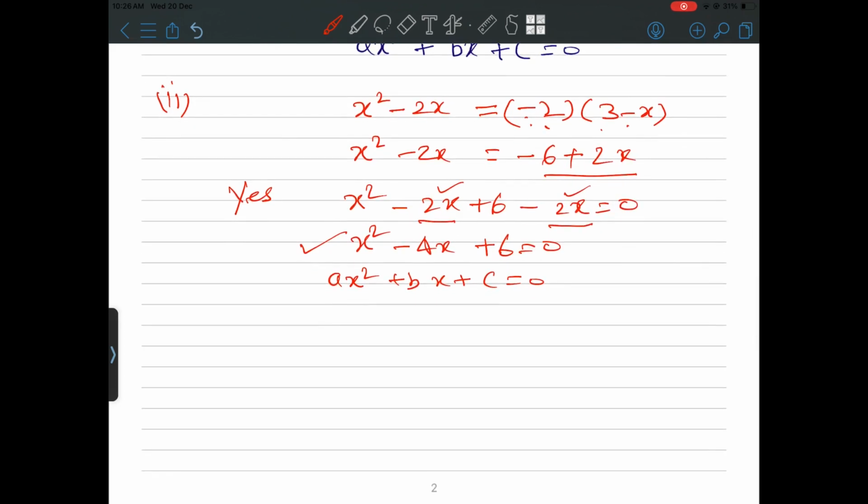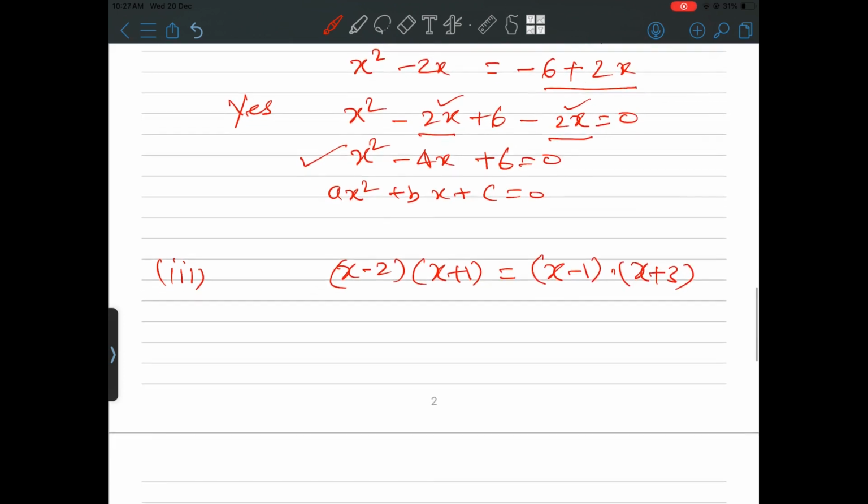Now let's see the third part of this question, part 3. That is basically x minus 2 into x plus 1 is equal to x minus 1 into x plus 3. Similarly, in the same way, we'll multiply each term and then find out whether it is quadratic or not.